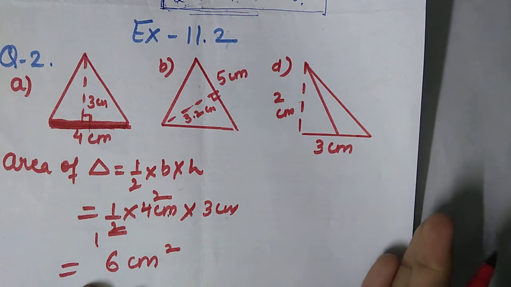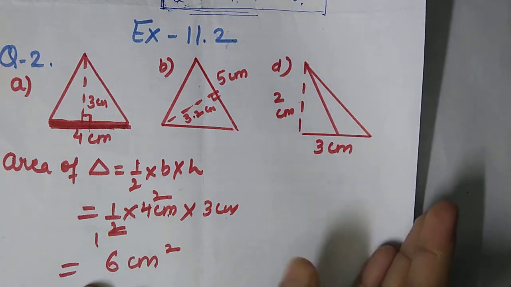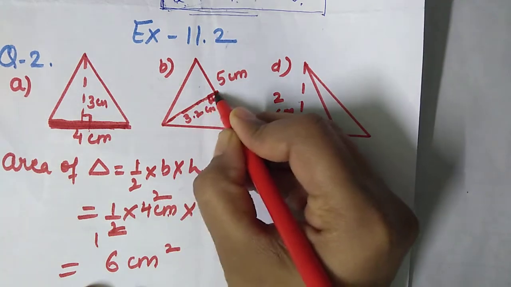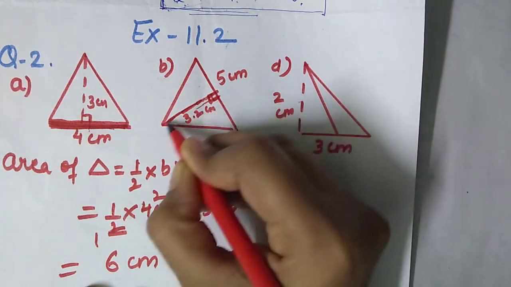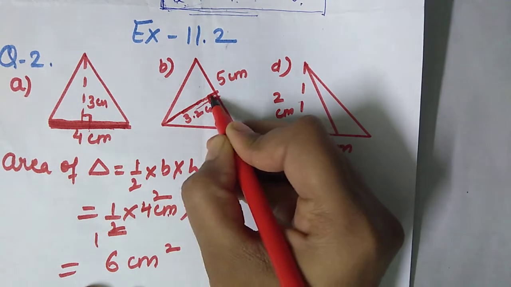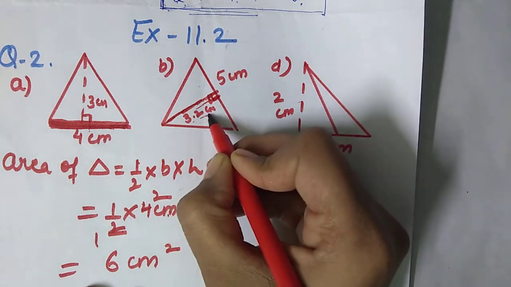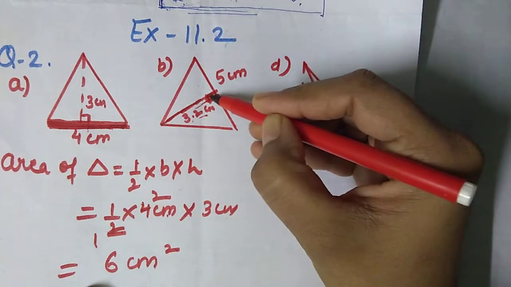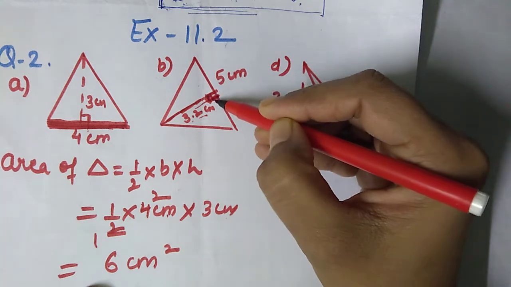Now you have to find which one to take as base and which one is height. As this is the 90 degree, this is your height. This 3.2 centimeter is the height because it is coming from a vertex, and it is perpendicular also, so this is the height. And which one is the base? Just check where the 90 degree is.